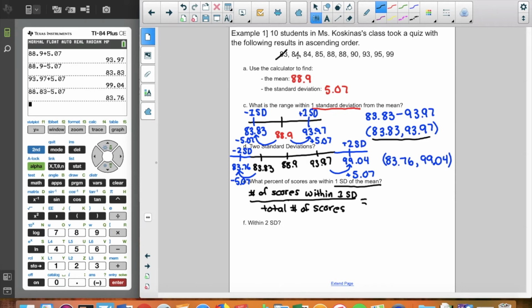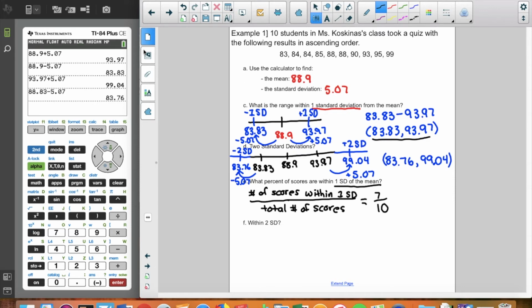So that doesn't work. 84 is good, 84, 85, 88, 88, 90. 93 is good because it's less than this number. But 95 and 99 are out. So that leaves 7 out of the total scores of 10. 7 out of 10.